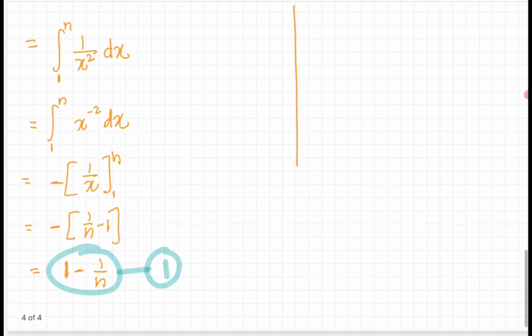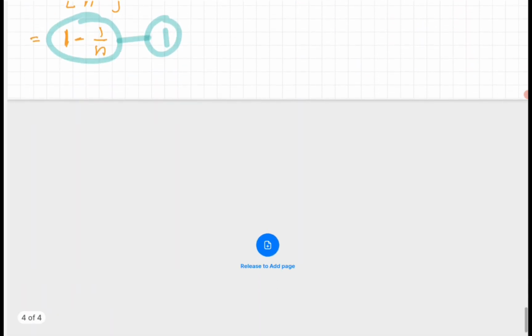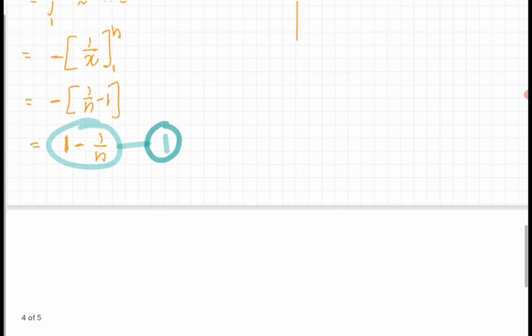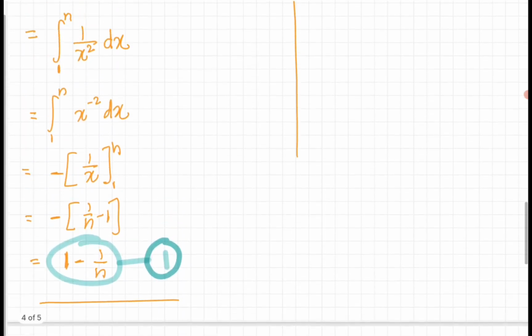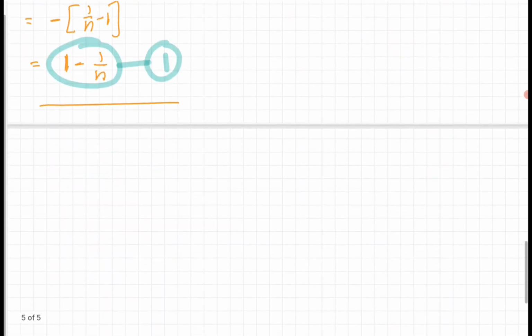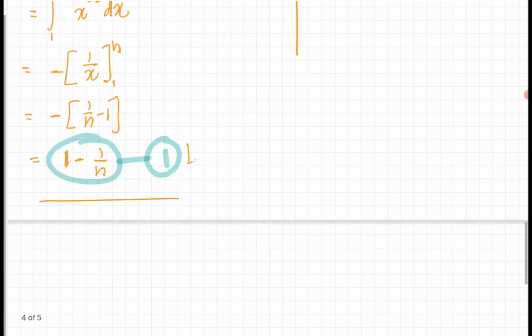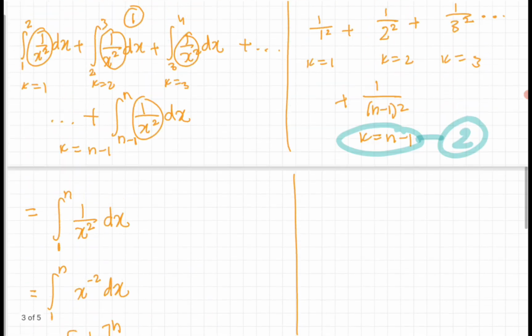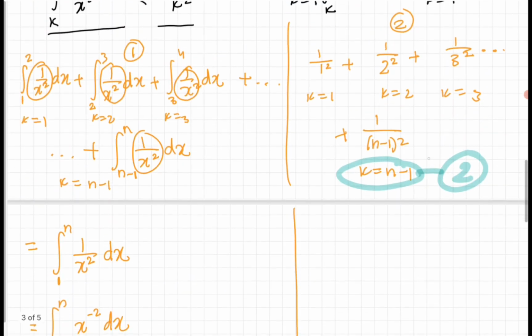Then we're going to go all the way down here, and we see that we have this, which was the left-hand side, right? We solved this. This was the left-hand side. And this was, oh, I circled the wrong thing.